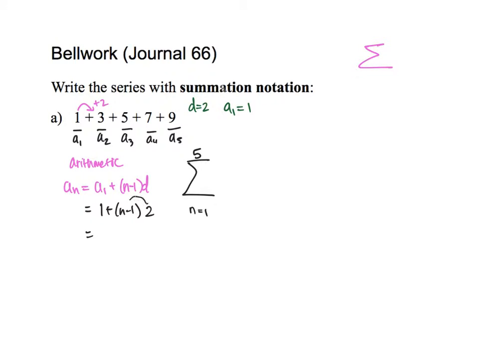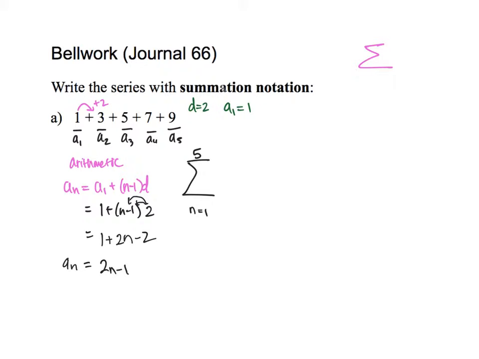And then if I distribute this 2n, because I want to simplify this formula, I get 1 plus 2n minus 2. And from there, I'm going to combine any like terms I see. I see the 1 and the negative 2. If I combine them, I get negative 1. So this is 2n minus 1. From here, it looks like I can't simplify any further. So this here is my formula.